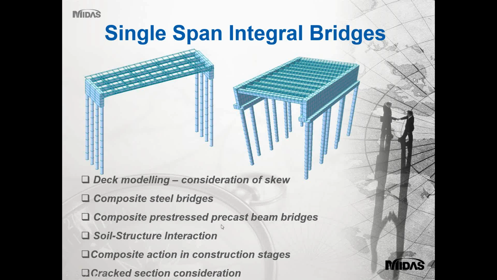We'll also look at the composite prestressed precast beam bridge, which will include your precast Y-beams, M-beams, etc. Then one of the most important things with integral bridges is the soil structure interaction. We'll see how to model the soil springs for the piles and abutments. Then we look at composite action in construction stages, and also, as per the Eurocode, we'll consider the cracked sections on the 15% span from either side of the supports.